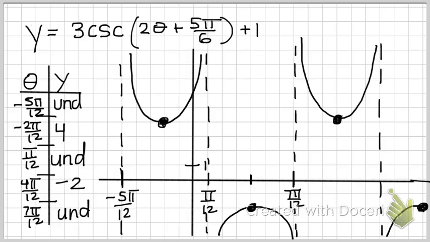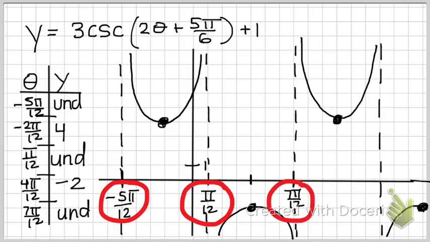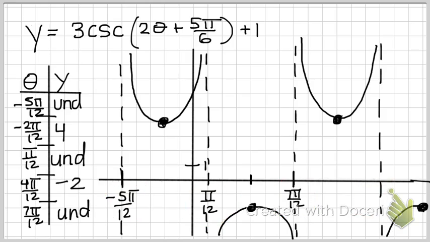Maybe, though, if I don't want to redo the whole thing, but I want to show that I know where it's at, I could say my asymptotes are at, so I've got my asymptotes here at negative 5, and then where's the next one? It's 6 pi over 12 away, or pi over 2, but it's easier to add 6 and go negative 5 plus 6 is pi, and then plus 6 is 7, and then plus 6 is 13, right?